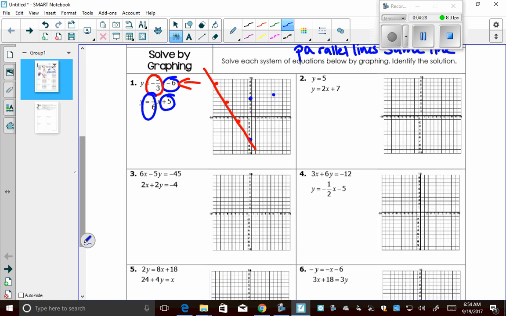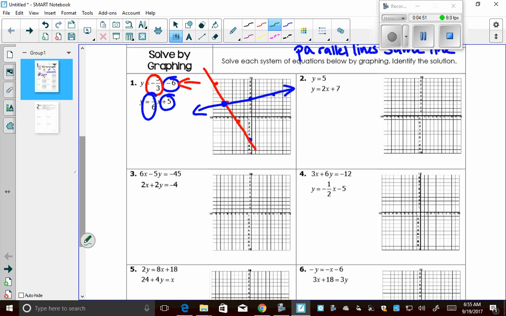Well, if I keep continuing that pattern, I'm not getting closer and closer to my line. So instead of going up, I have to go down and to the left. So I'm going to go down 1, left 6. 1, 2, 3, 4, 5, 6. And that's where they cross. So I'm going to connect my two lines. So they cross at this point right here.